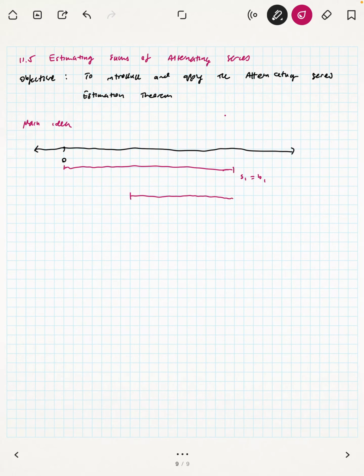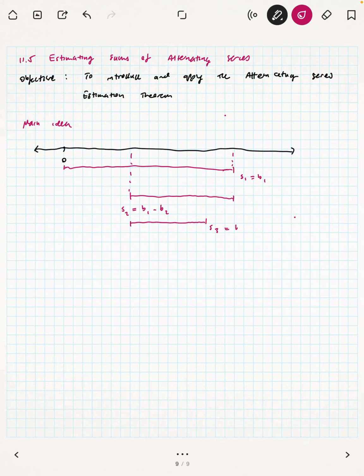So here's S1 equals B1. Okay. Here's S2 equals B1 minus B2.